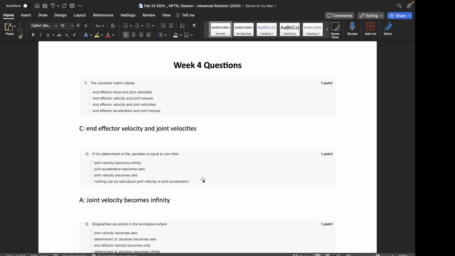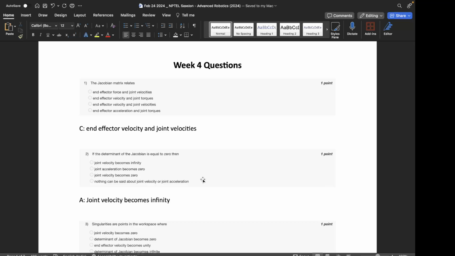The first question says: the Jacobian matrix relates what quantities? As I just summarized, and as we have seen in the last two weeks of lectures, the Jacobian relates the end effector velocity and joint velocities.